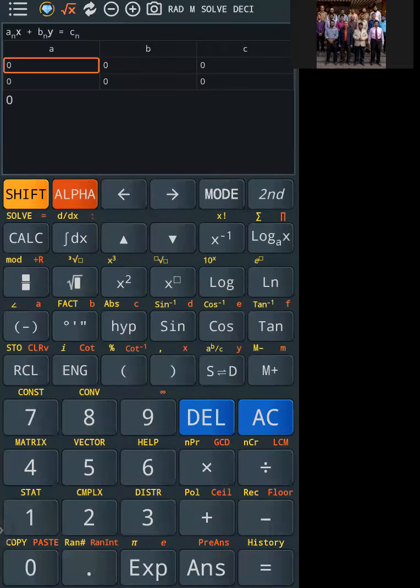I'll put equation number 5: 0.67, 0.75, and then 0.75, 1.13, and 0.8. Let us see what answer we get. C1 is 1.27 and C2 is minus 0.1362. Simply we can do that in a calculator.